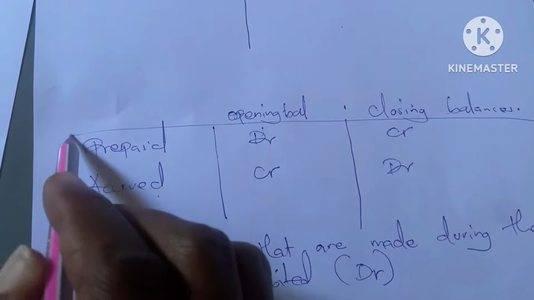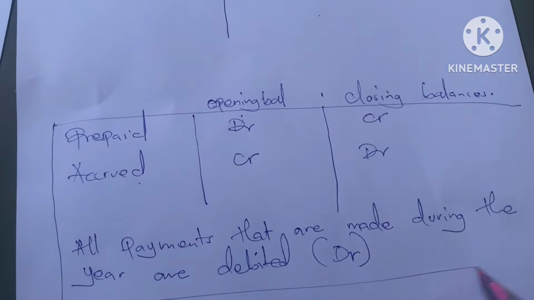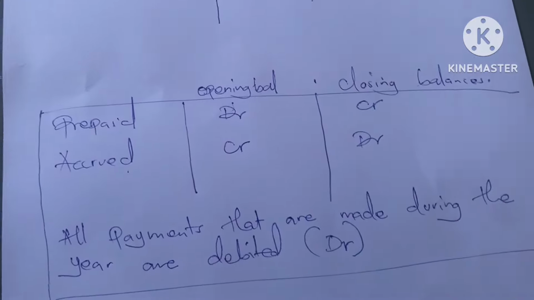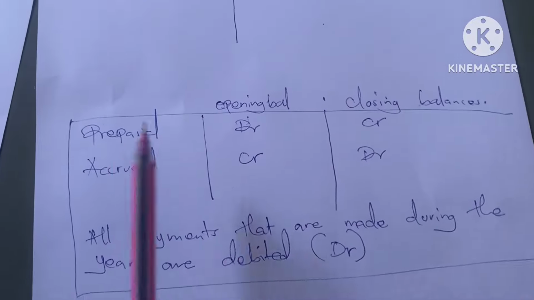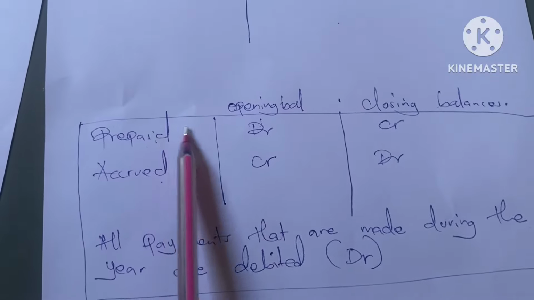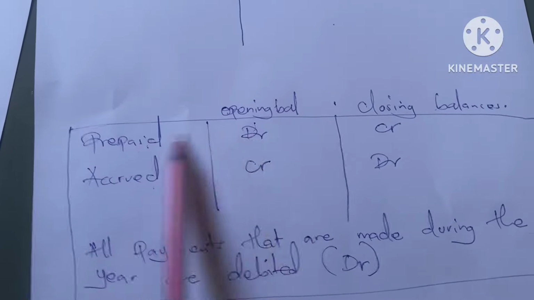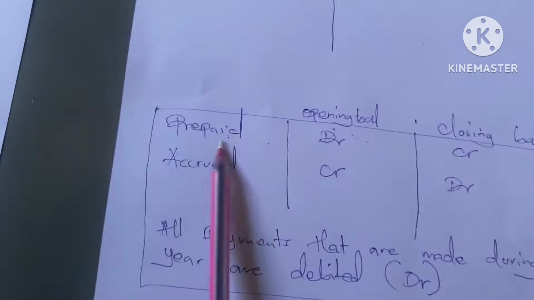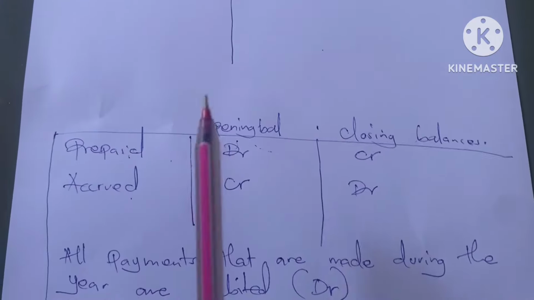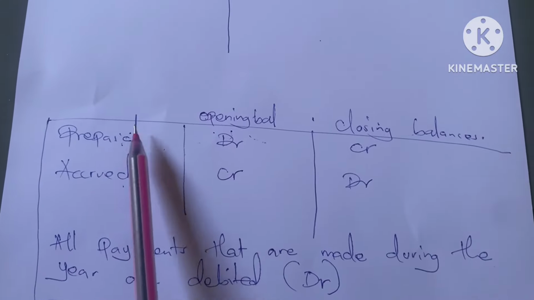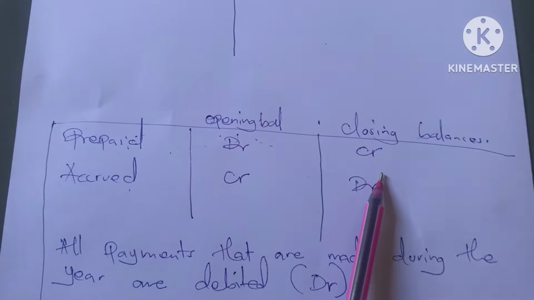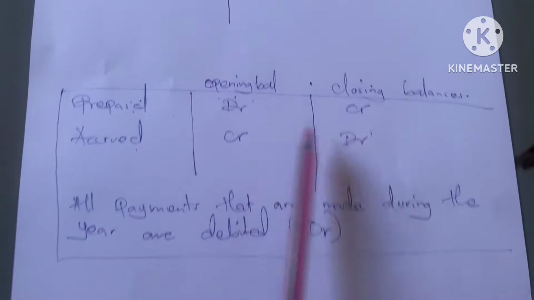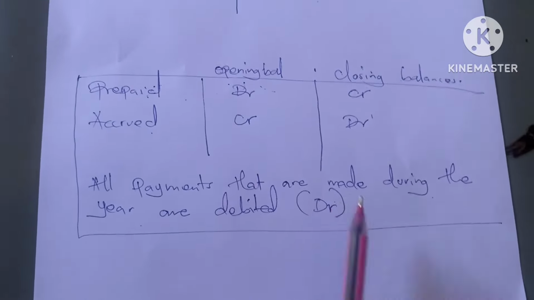So that is the simple formula that can help us when it comes to expenses account. In case they tell you wages were prepaid, the opening balance was prepaid, when you're preparing the wages account, you debit that figure. In case the closing balance was maybe accrued, you still debit that. Then all payments that were made during the year are debited.